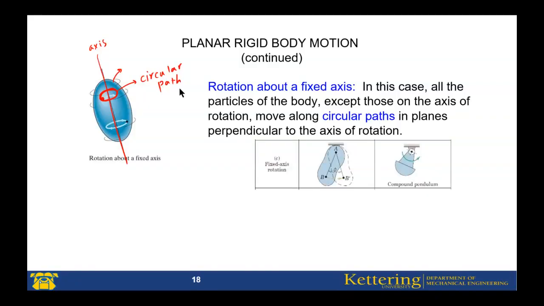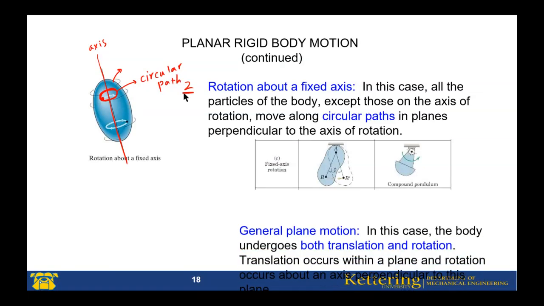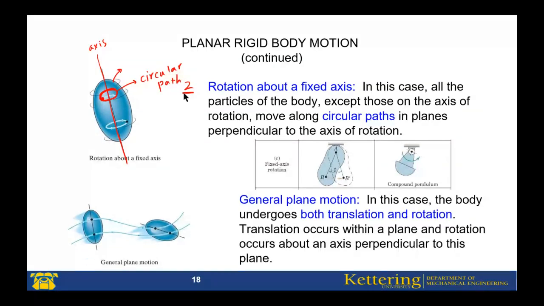Then, the next type of the motion for the rigid body, this is the second type of the motion. The next type is general plane motion. It is the combination of translation plus rotation. If you have both translation plus rotation, it's called general plane motion.